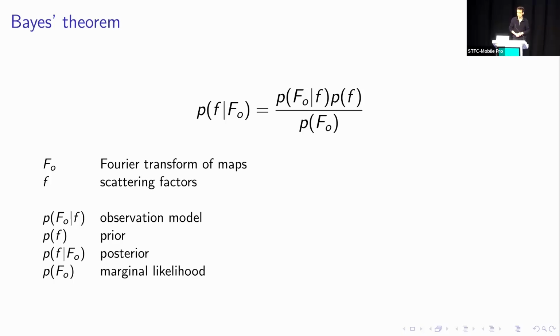The prior distribution, which encodes our beliefs about what scattering factors should look like, independent of carrying out any observations. And then we use these two distributions in order to derive the posterior distribution, which gives us the probability of a particular set of scattering factors given a set of cryo-EM maps. And we use this posterior during inference, so we can find the set of scattering factors that then maximizes that probability.